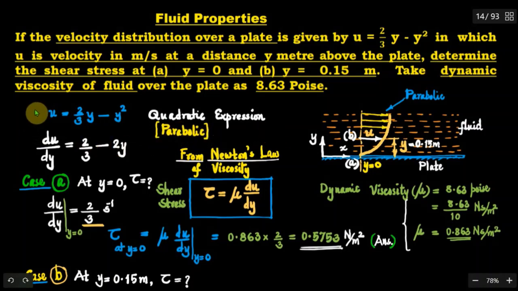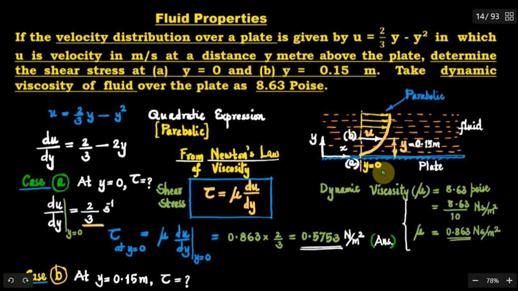We know that the graph of a quadratic expression is parabolic. So if you plot the velocity profile for the given case, after considering a plate over which you have a fluid, and you plot the velocity distribution of the fluid across a vertical section, you will get a parabola like this.